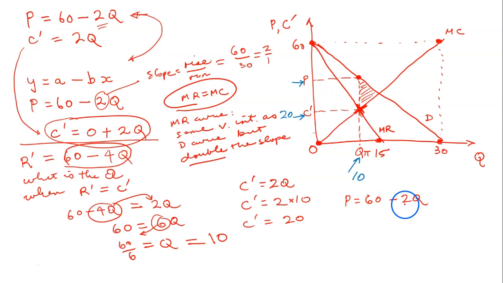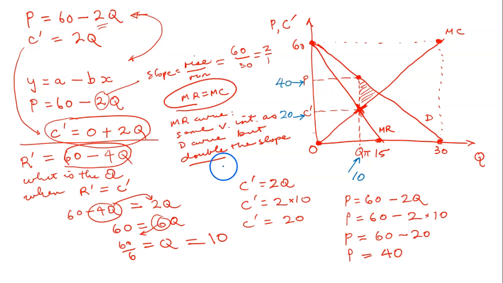So what will that price be if the quantity is 10? All right, now we're ready to go. What we want to find is that triangle there, and we can find it by finding this area and dividing it by 2.